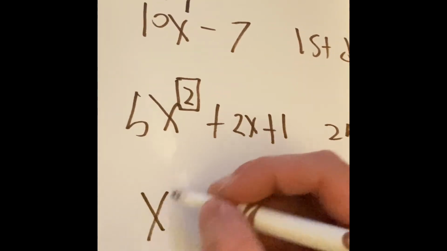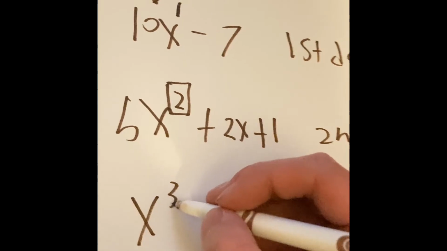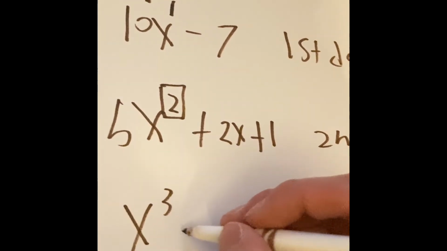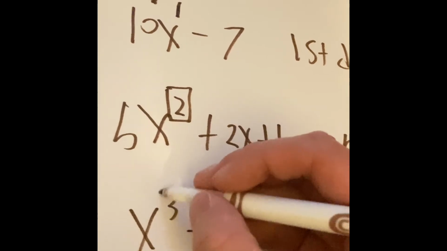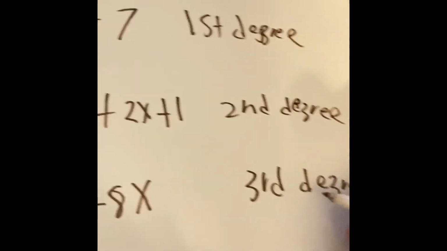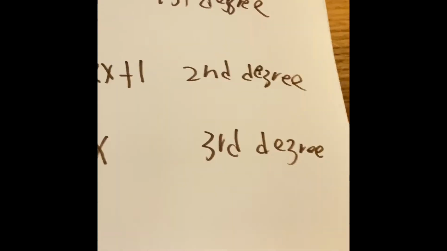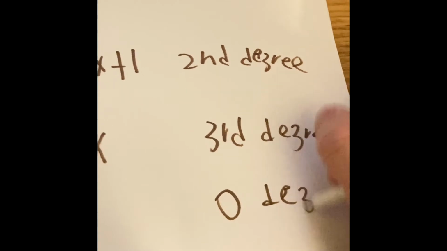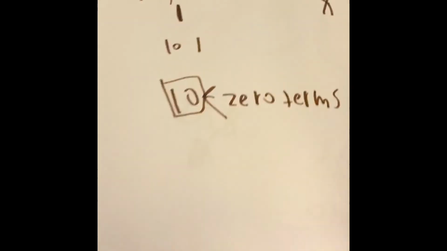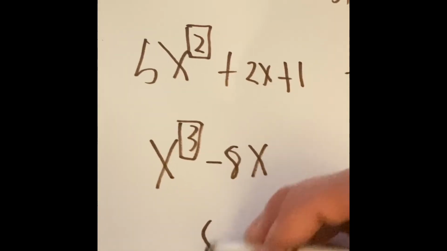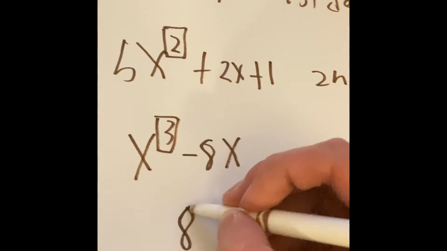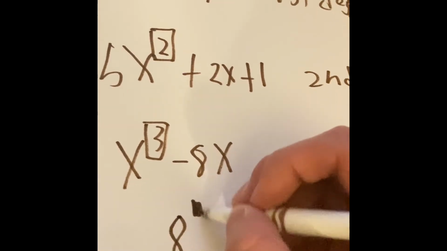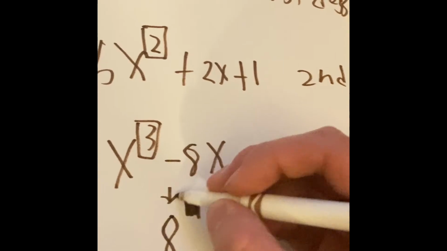A third degree equation is going to represent like x cubed, or x to the power of 3, subtracted by 8x. Your exponent is a number 3. That is called a third degree. It is possible to have 0 degree, because going back to that lonely number 10, if you just have a number like 8, for example, that is no degree, because there's no exponent, and 8 is just by itself.